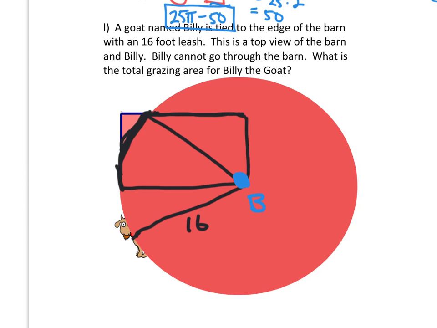But the sections of the barn in which Billy cannot go would be the area of that triangle right there, and also the area of that sector right here. So it's going to be the area of the circle, take away the area of the triangle and the area of the sector.